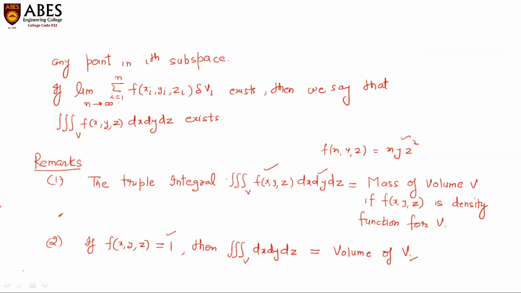So the triple integral represents the mass of volume V if f is the density function for V. If the value of function f(x, y, z) equals 1, or unity, then the triple integration over V of dx dy dz represents only volume.